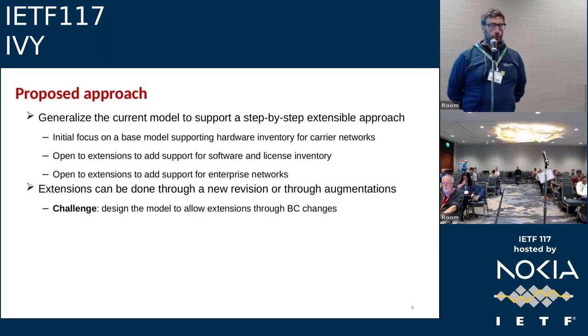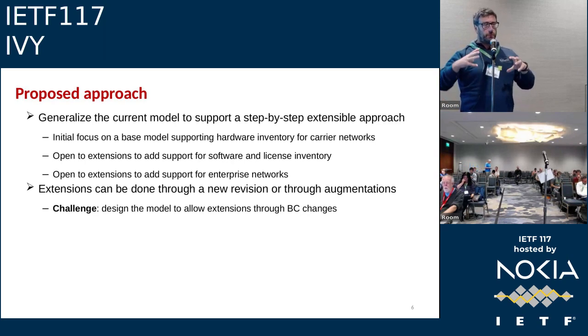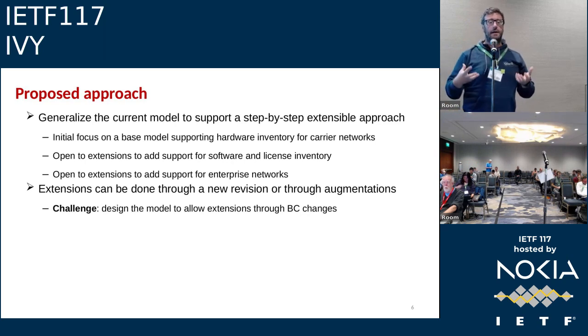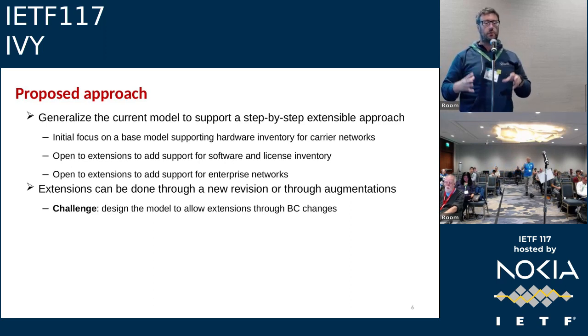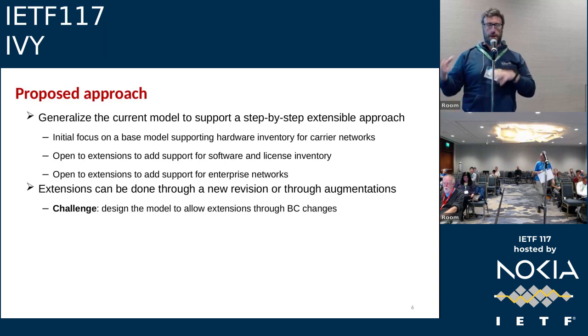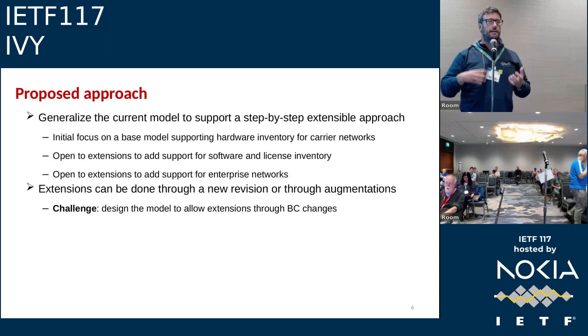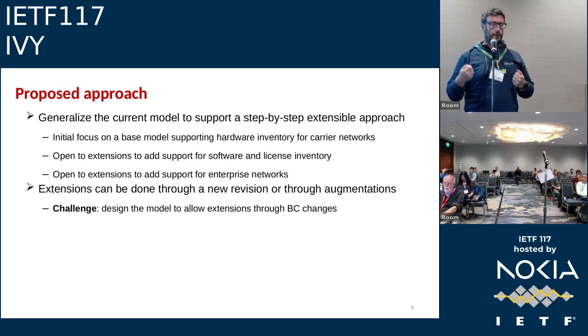Okay, so what is the approach? The approach is basically to start from the current model, work on generalizing some of the components we can see later on in the details, and try to go into an approach that can be done step by step. So we can focus now on developing a base model that covers the hardware inventory for carrier networks, but making sure that additional extensions can be done through backward compatible changes to support software, license, and enterprise networks.